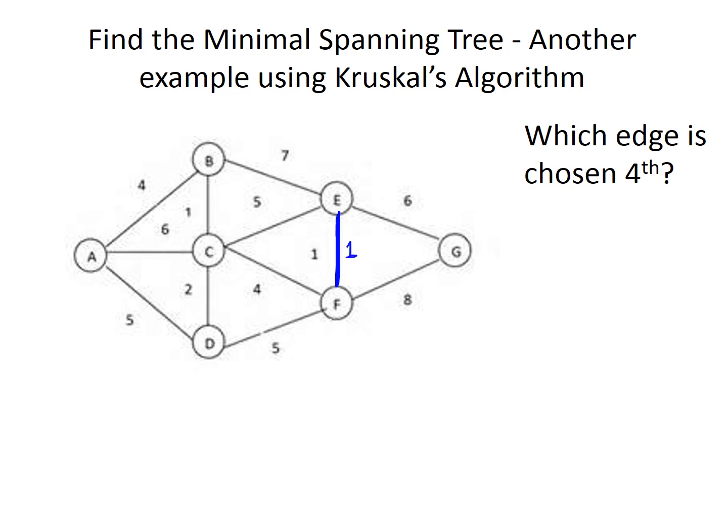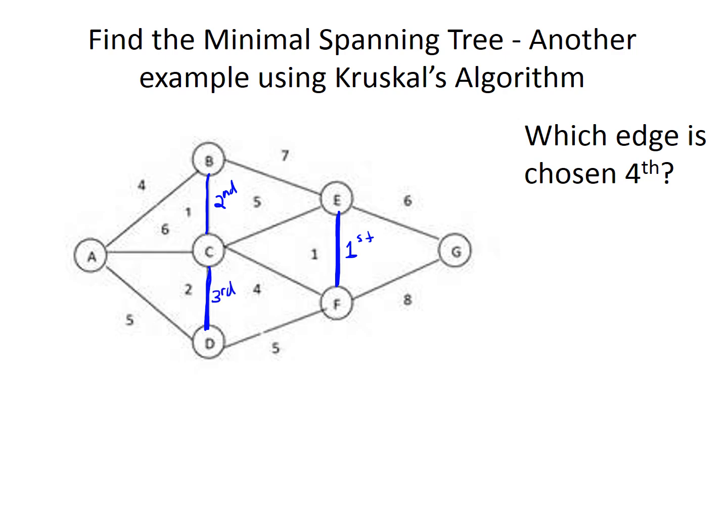Because over here it says which edge is chosen fourth. This is also 1, so it doesn't matter which one of those you chose first. 1, 1, then 2. I'm just going to go until I connect, and I make sure I don't make any circuits.